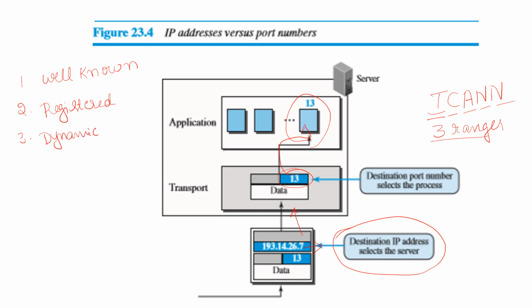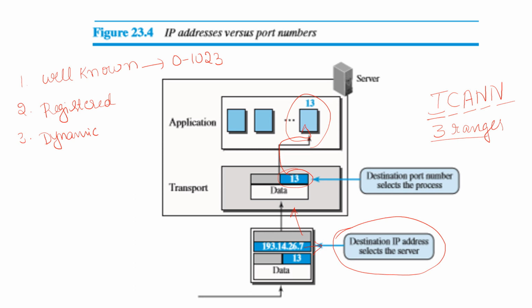The well-known ports range from 0 to 1023, and they are assigned for well-known processes, like HTTP and Gmail, which are assigned by ICANN.